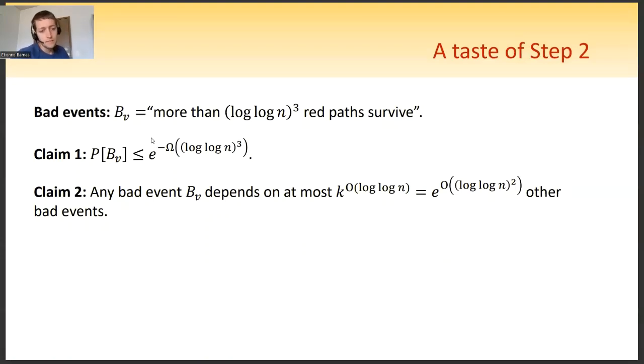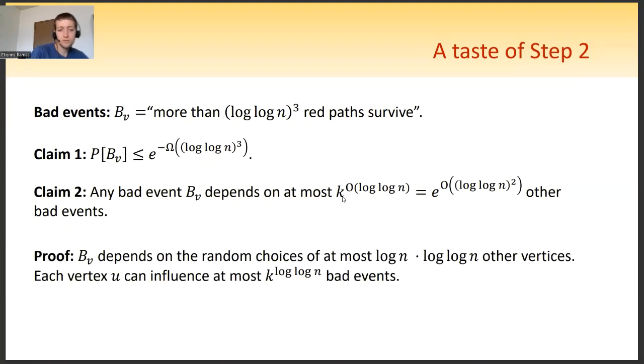Second claim is that any bad event depends on at most this many other bad events. So that's where we use that K is polylogarithmic here. And here the proof is also very simple. Think about it. A bad event B_V depends only on the random choices made by vertices that are close ancestors of V. So they are at distance at most log n, and so there are at most log n times log n of these.